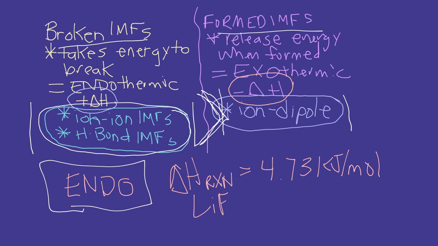So sometimes you're asked to draw the IMFs, sometimes you're expected to explain them, but they're basically just testing, do you understand the premise? When you break an IMF or a bond, it takes energy, that's endothermic, you have to put energy in. And when you form new IMFs or new bonds, intramolecular bonds, it releases energy, and that's exothermic.